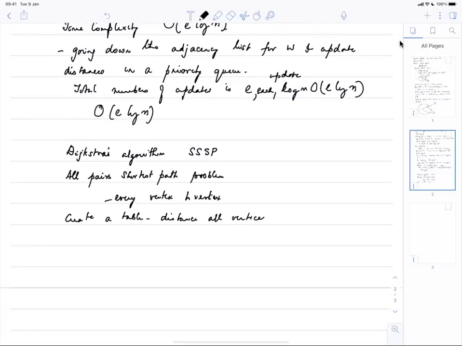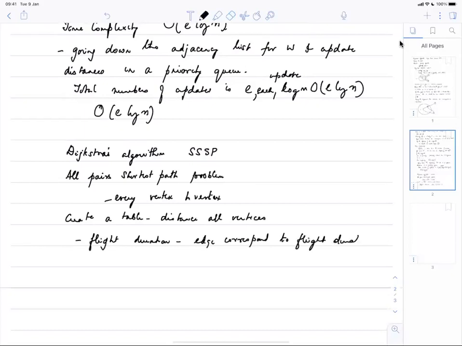A typical example would be, let's say we're given flight duration, basically the edges correspond to flight duration.